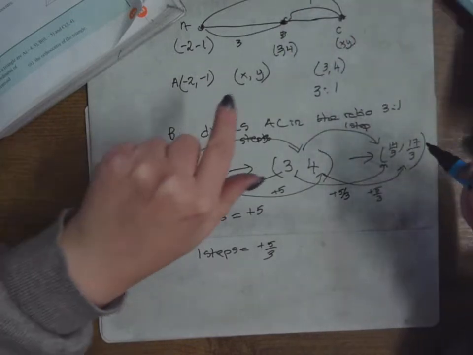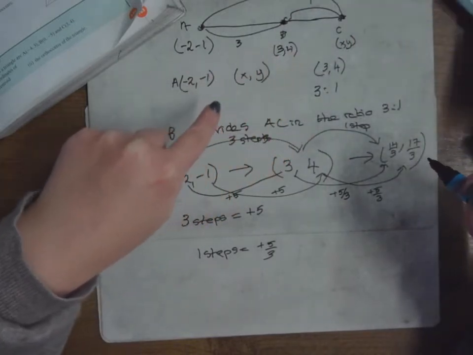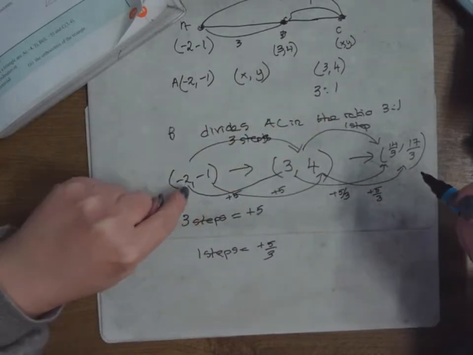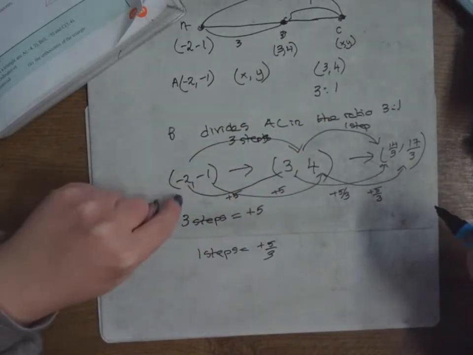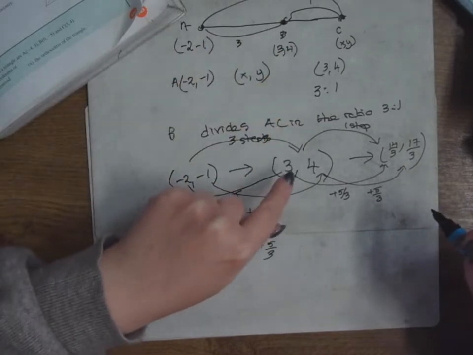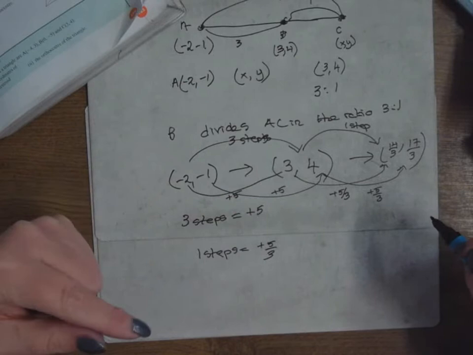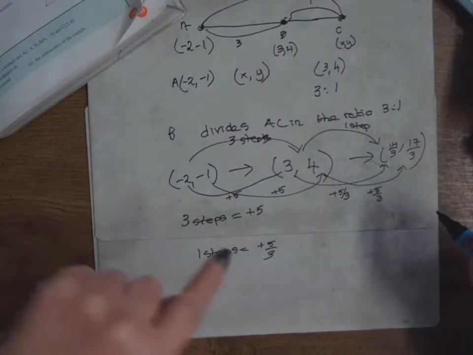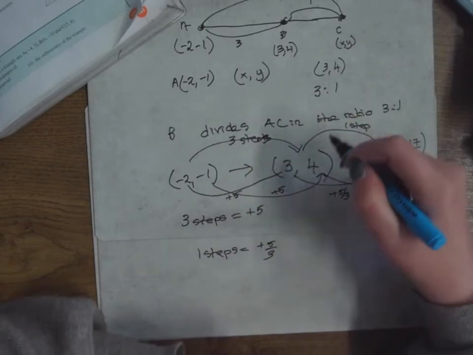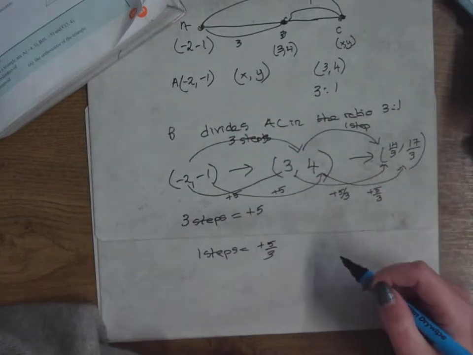So then I said it was 3:1, so then I just did translation. The first, A goes to B, so that went add 5 to the x's. That's 3 steps, so 1/3 of that would be 1 step. So 5 divided by 3. So to do 1 step, because it's 3:1, you add 5/3.